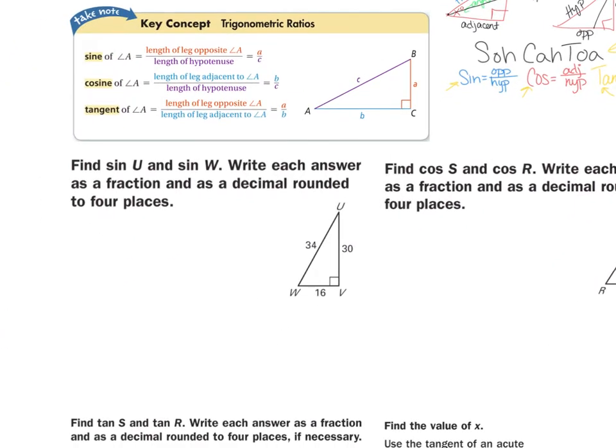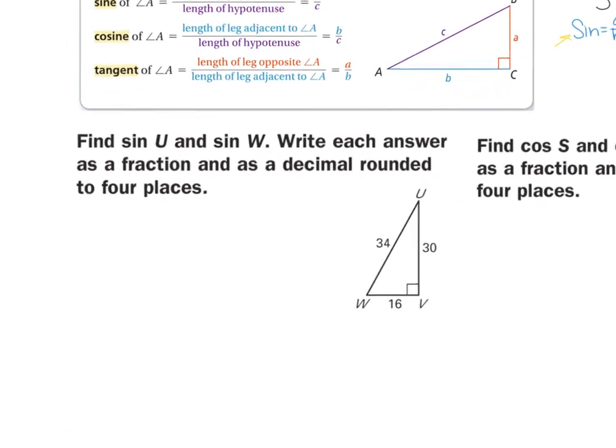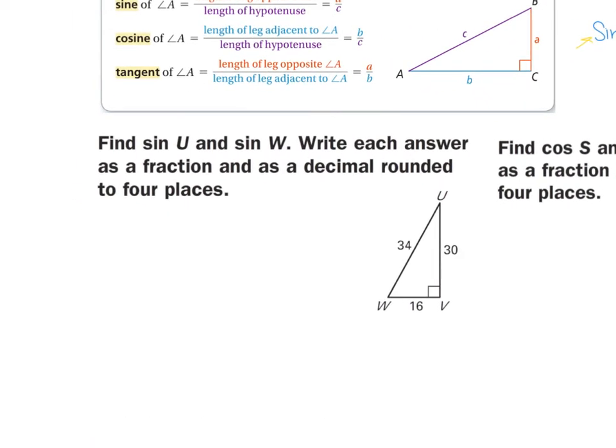So we're going to find the sine of u and the sine of w. Write each answer as a fraction and as a decimal rounded to 4 decimal places. So let's first start with u. So the sine, actually let's do it in red.